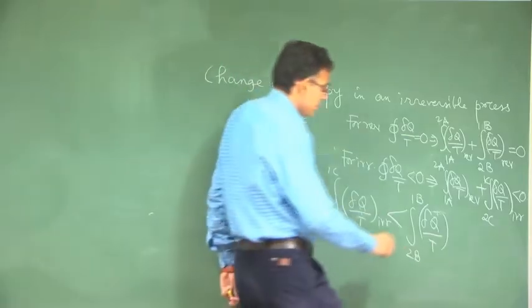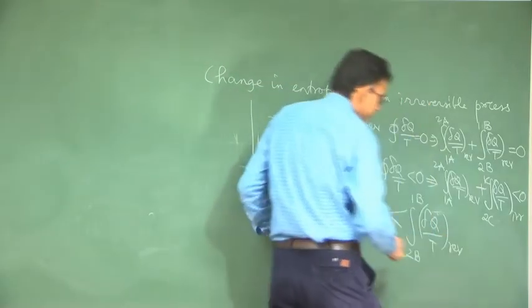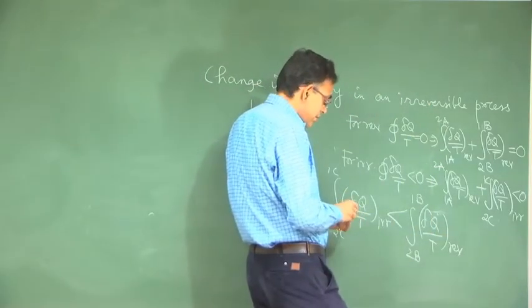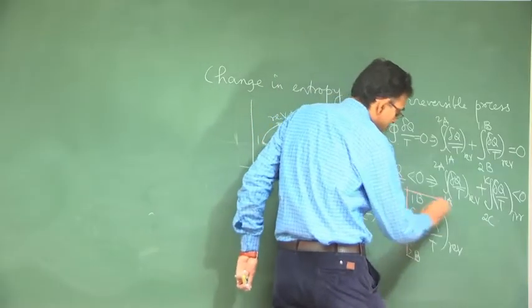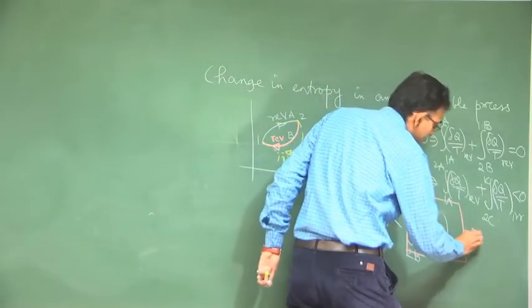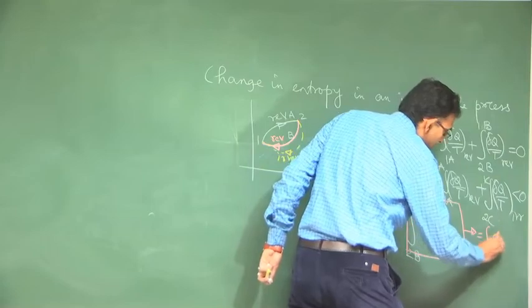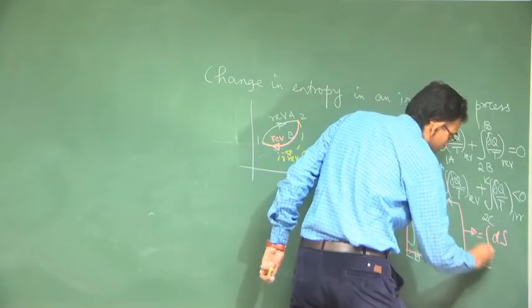This is reversible. Because this is reversible, we can write this as equal to ds between 2 and 1.